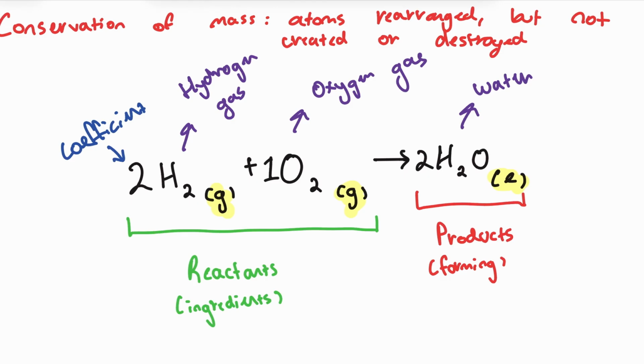The last symbol we have to go over are these little letters we have below our chemical substances. This represents the physical state which our substance is in. For instance, the subscript g below the chemical formula for hydrogen and oxygen means that we have hydrogen gas and oxygen gas. The lowercase l beneath our H2O represents that we are producing liquid water.